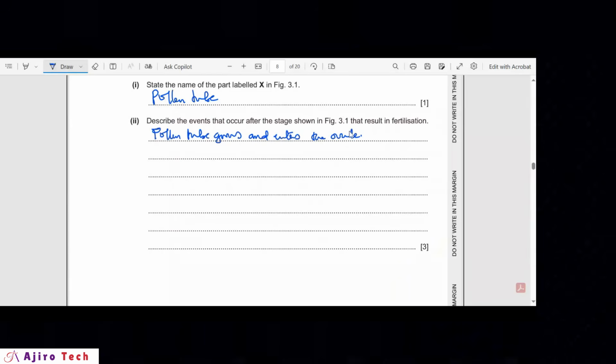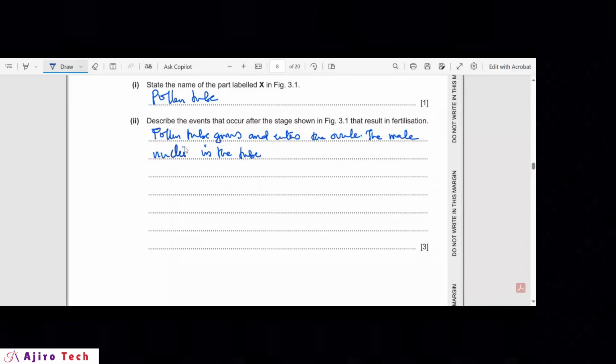It is right there that the male nucleus in the tube fuses with the female nucleus.